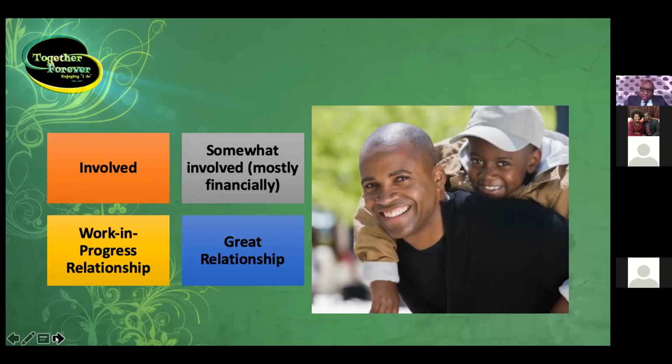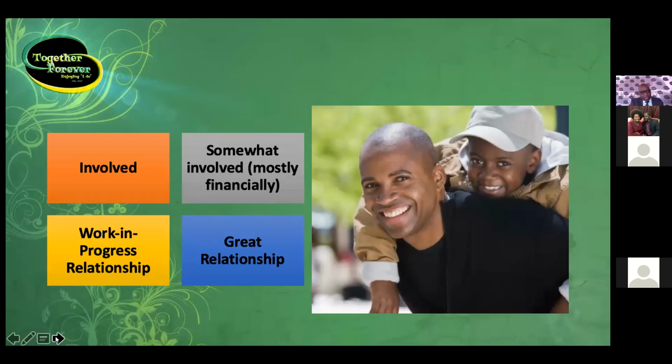The second type of this biological non-resident father is a father who is somewhat involved. Somewhat involved varies, it is a very wide range. Somewhat involved ranges from once or twice meeting with the child, but to a very large degree, heavily involved on the finances.